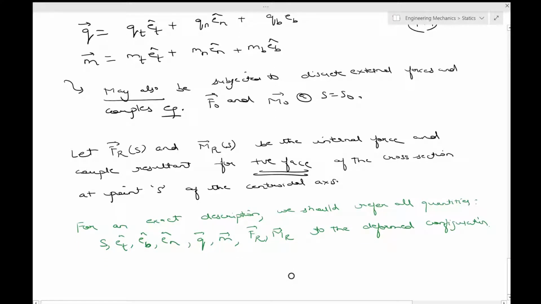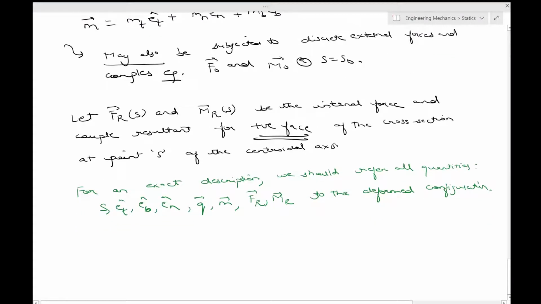Perhaps we will learn later about the Lagrangian or the Eulerian descriptions. This is the Eulerian one, in which the deformed configuration is taken. At this stage it should not really matter.